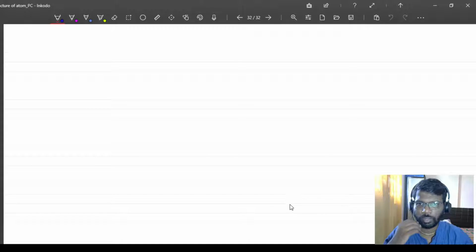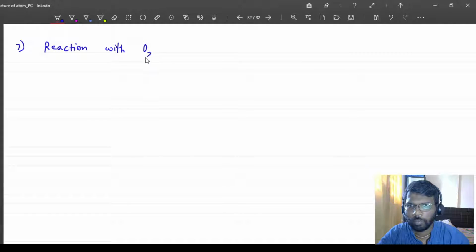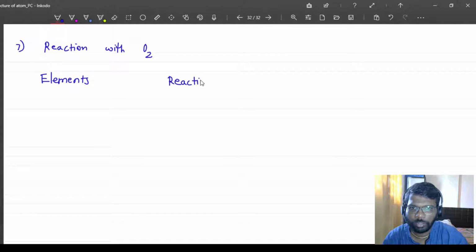Next is reaction with O2. If the elements are reacting with oxygen, so I will write the elements, and if they are reacting with O2, then I will write reaction with O2.